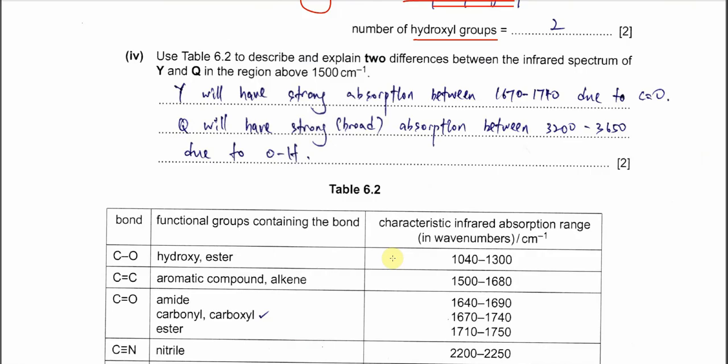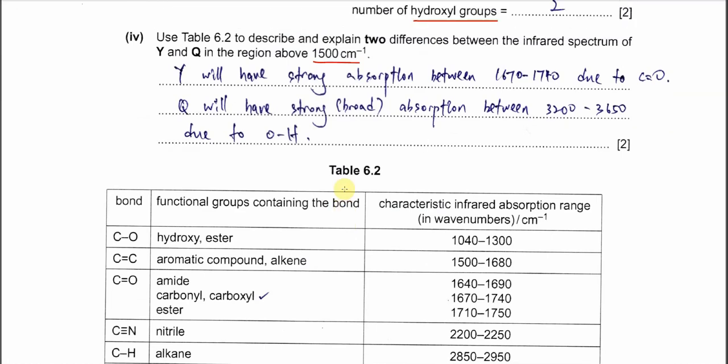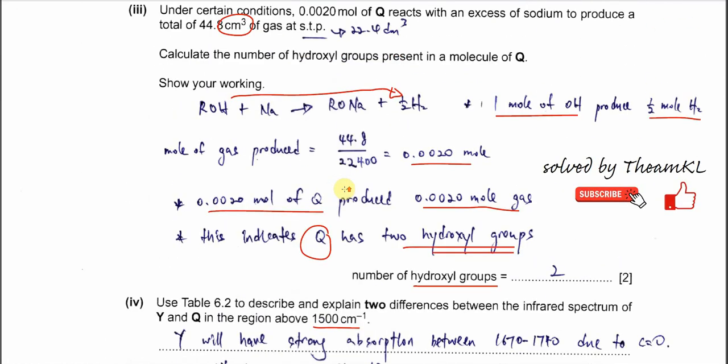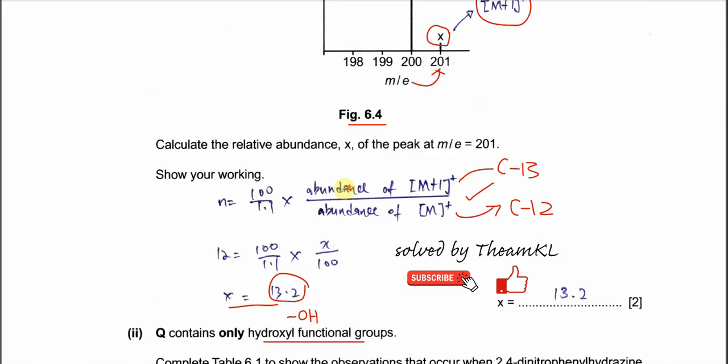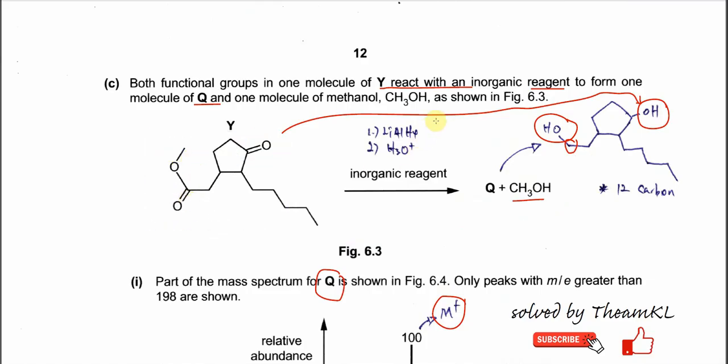Okay, last part. Use table 6.2, describe and explain 2 differences between the infrared spectrum of Y and Q. Of course, you must focus on the ones above 1500 per cm, which we call wave numbers. Now, let's focus on Y and Q and get their differences.